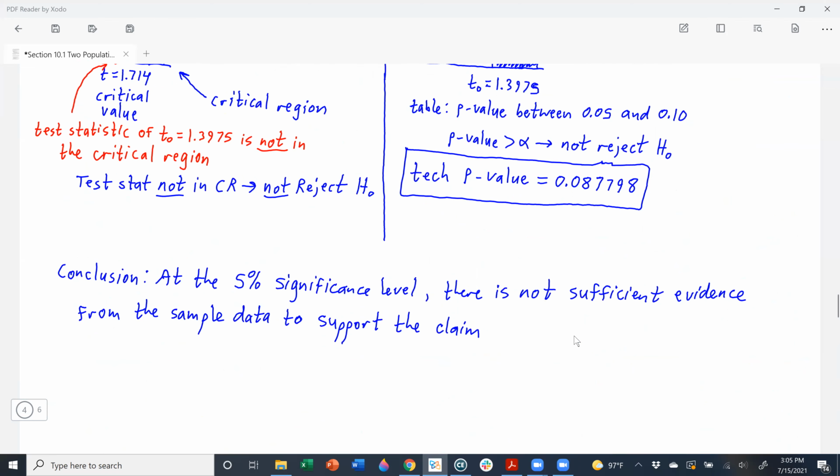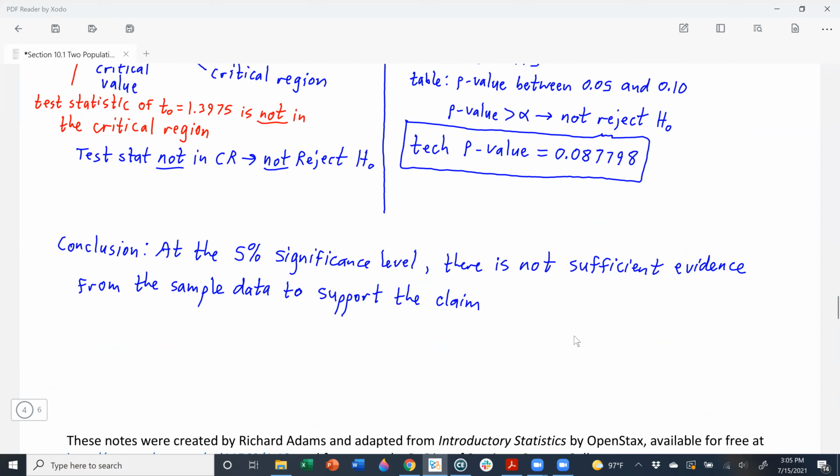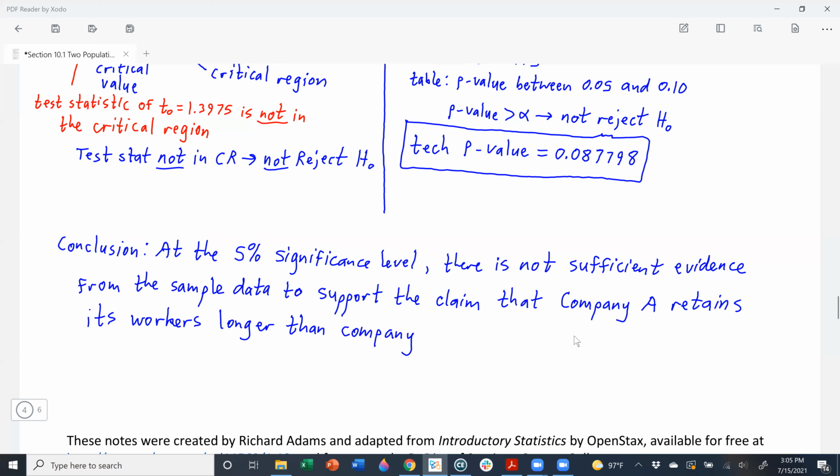Okay, so there is not sufficient evidence from the sample data to support the claim that company A retains its workers longer than company B. All right.